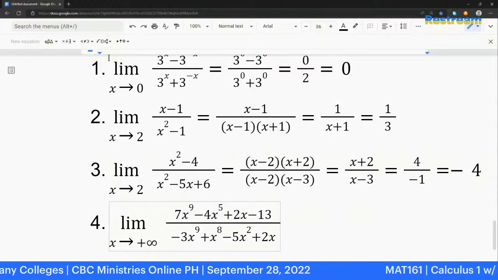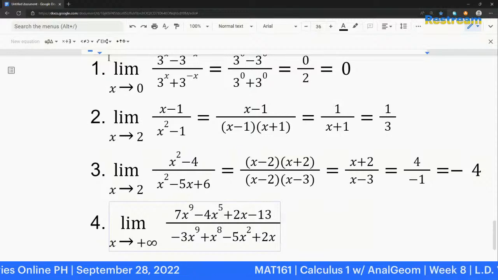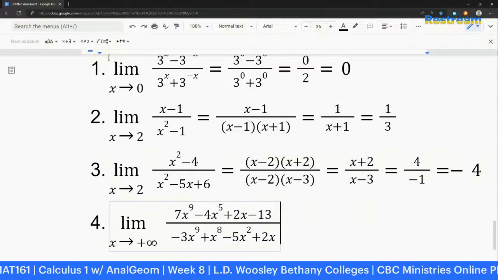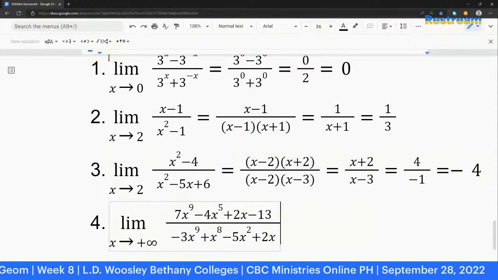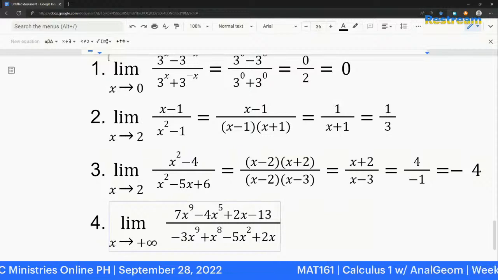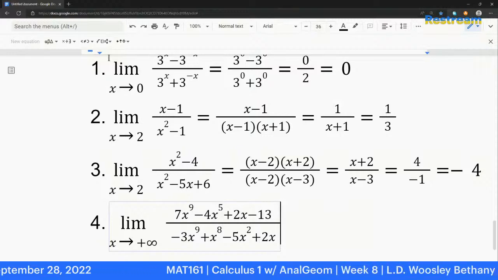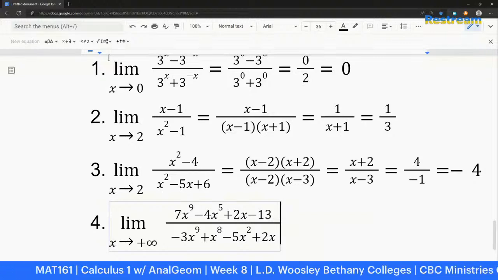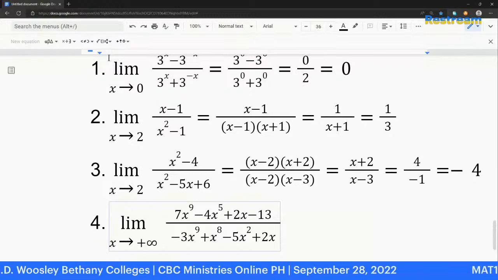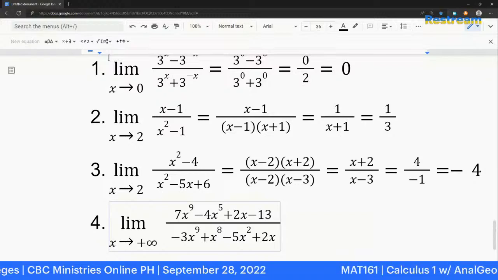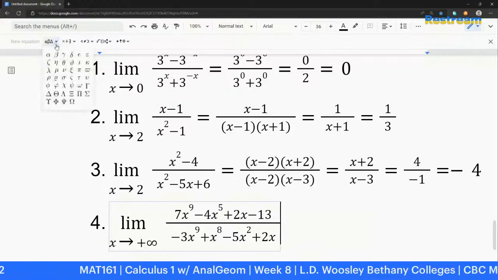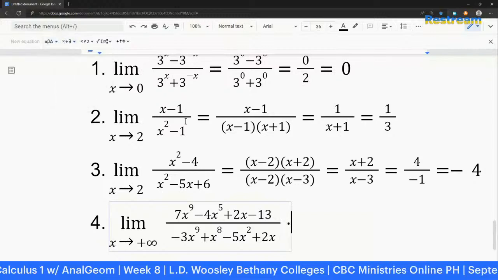So may rule tayo dyan. Nabanggit ko yung ruling yan last time. Nung nag-discuss tayo, kapag ganito, na may powers of x, na pwede nating i-divide ang numerator at denominator, kapag ang x ay approaching infinity or positive infinity. Okay, saan nyo pwedeng multiply yan?